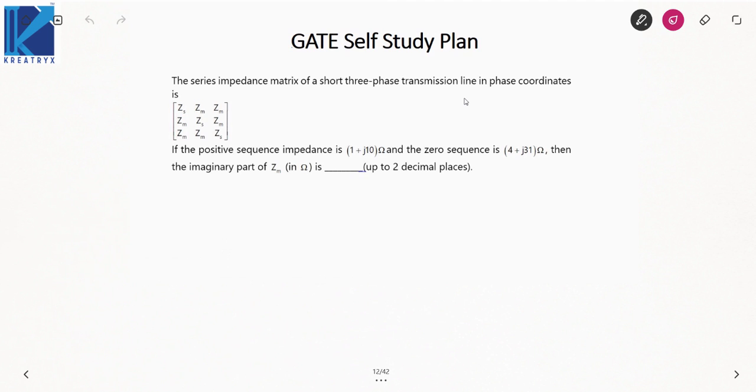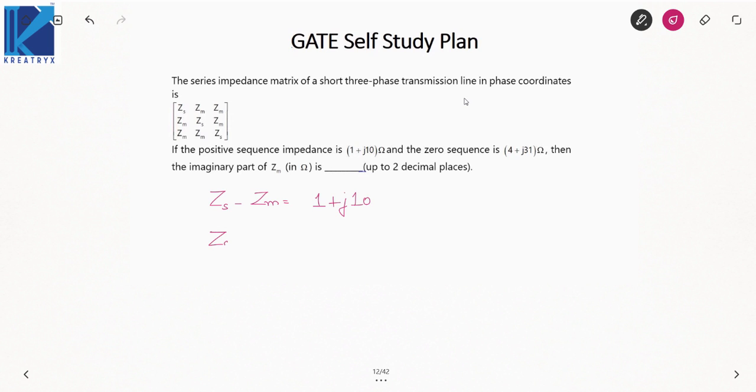Moving to the next problem. The series impedance matrix of a short 3-phase transmission line in phase coordinates is given. We know for a transmission line the positive sequence impedance is Zs minus Zm, which is 1 plus j10.